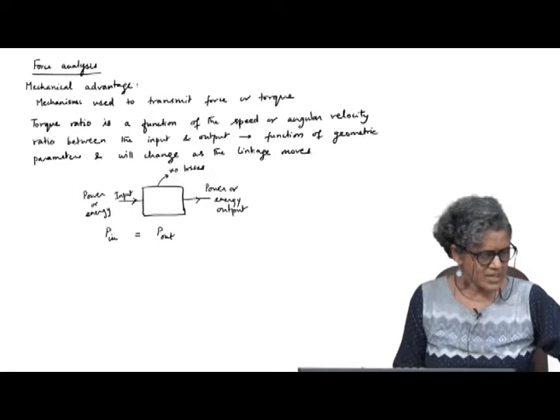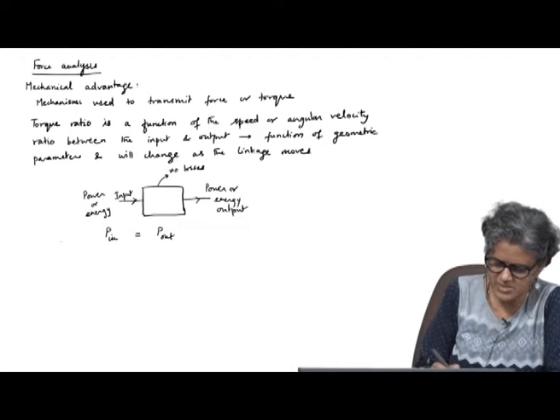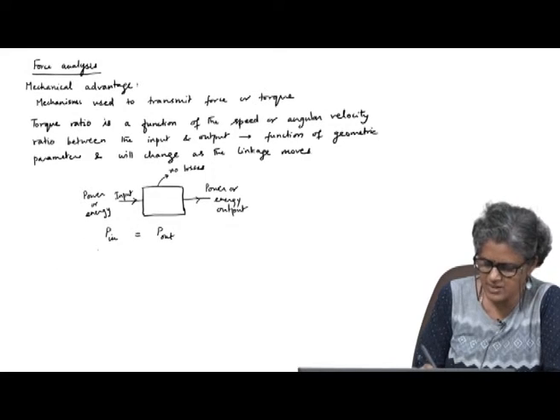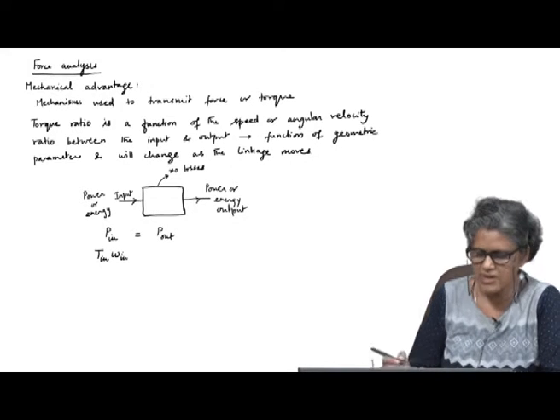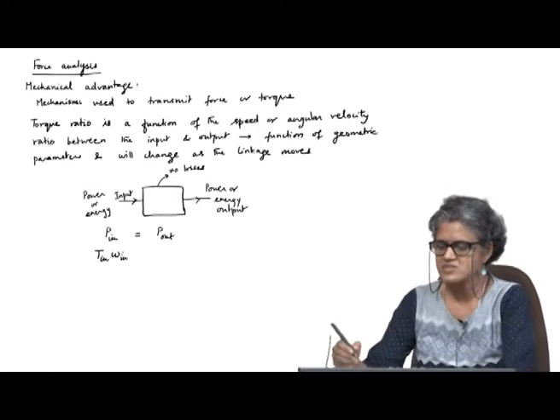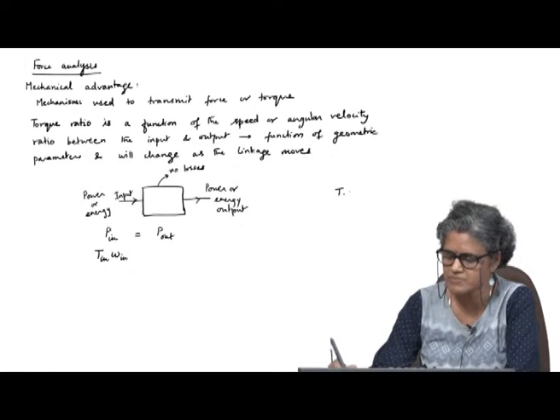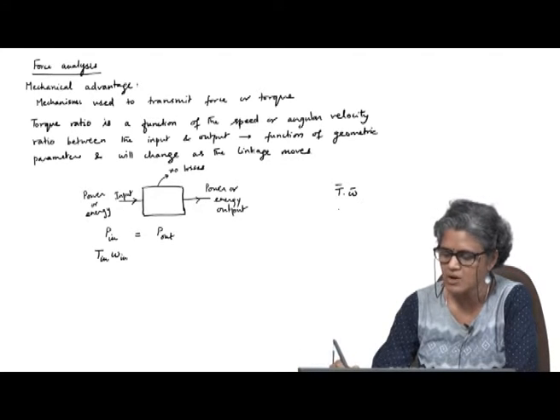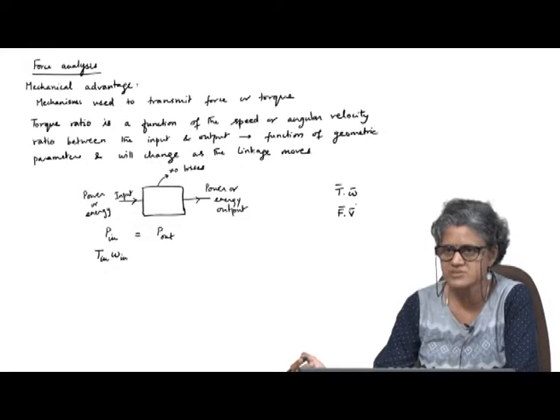So, in the case of planar mechanisms, you can write P in as the input torque times the angular velocity, T dot omega. The power is T dot omega or F dot V, the dot product of these two vectors.